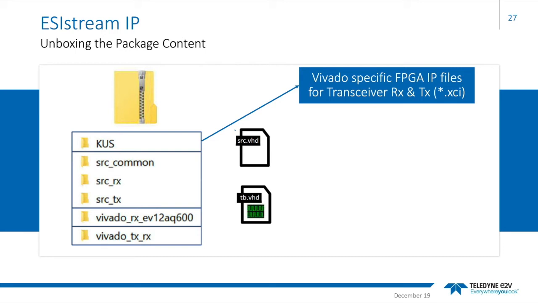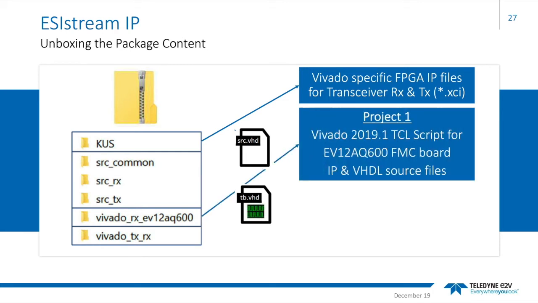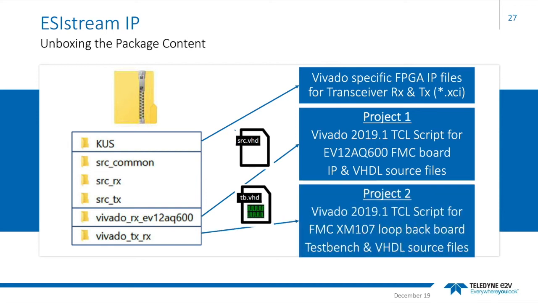The final 2 subdirectories contain 2 separate projects. These projects differ in terms of the hardware they're designed to operate with. The first project handles data streamed from the previously mentioned EV12AQ600 ADC board. The second project is a bidirectional loopback design using XM107 boards.